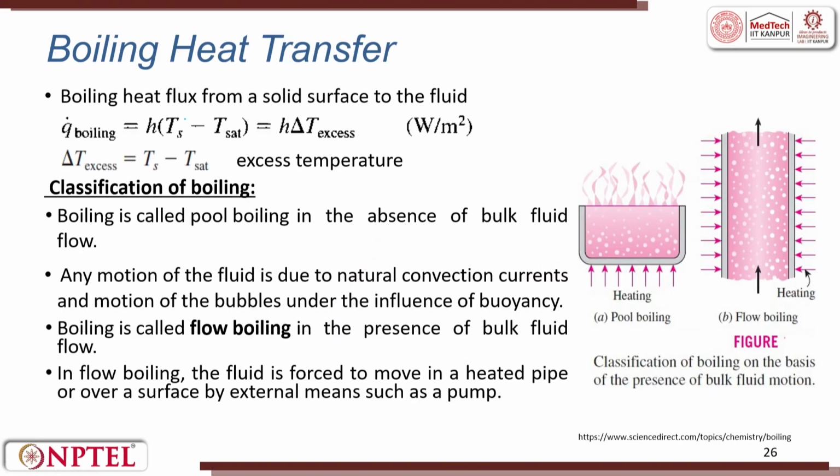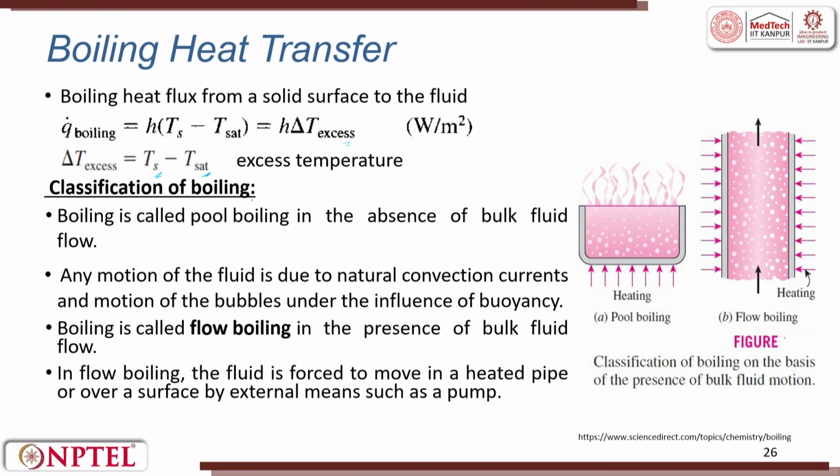So, the boiling heat flux from a solid surface to a liquid can be obtained by this formula. Q boiling is nothing but h into (Ts minus T saturation), which is h delta T excess, in watt per meter square. The T excess is nothing but Ts minus T saturation.